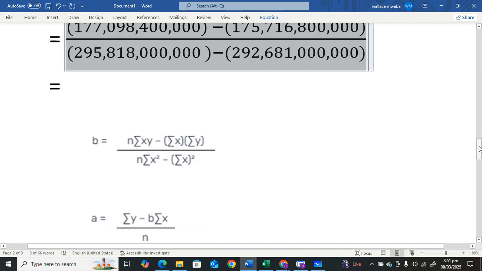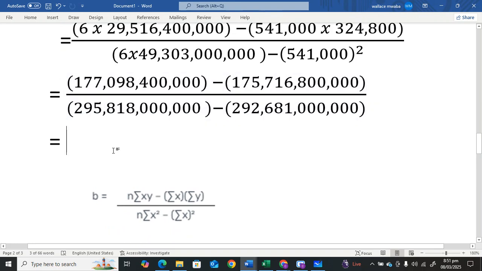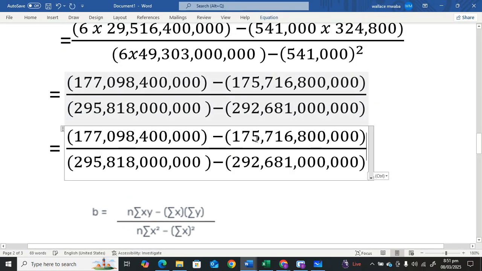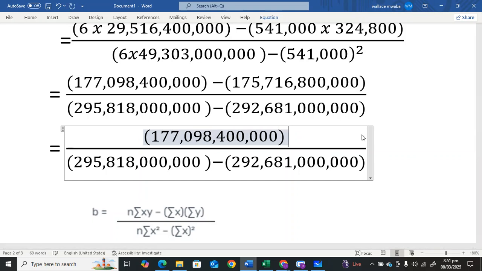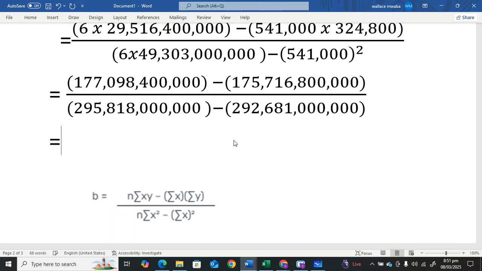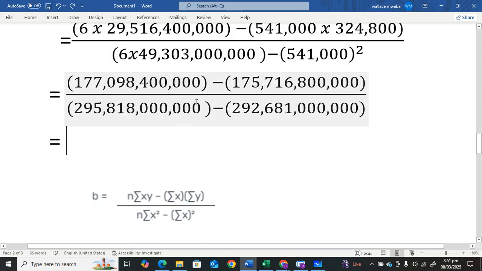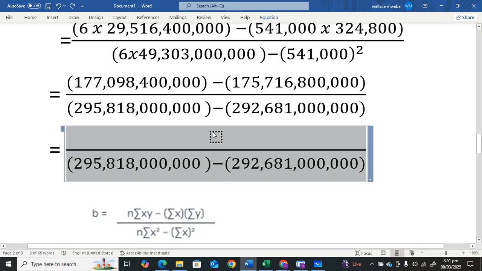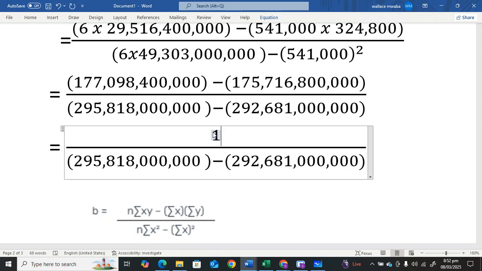So in our numerator, when we subtract, we get 1 billion, 381,600,000.